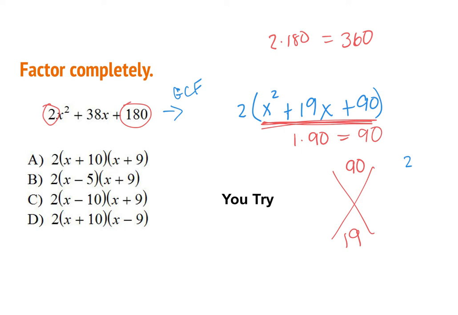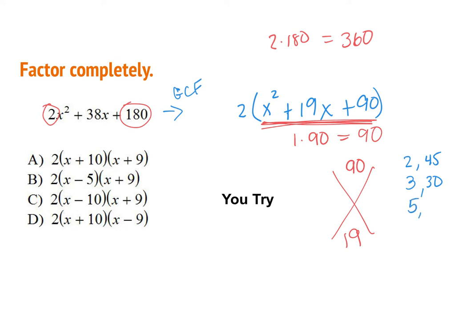So 2 and 45 work. 3 and 30 work. 90 divided by 4, does it work? No, because I get a decimal. 90 divided by 5 works.